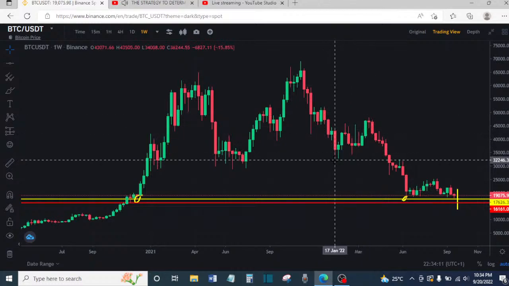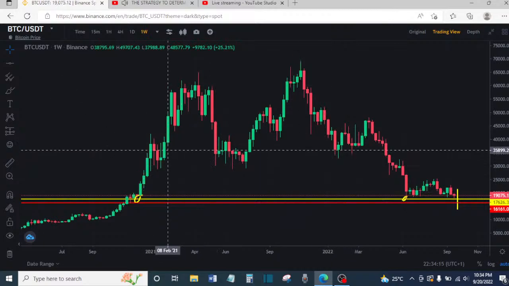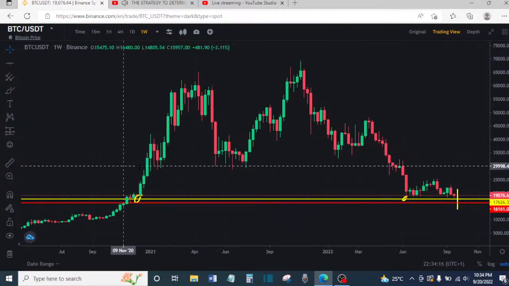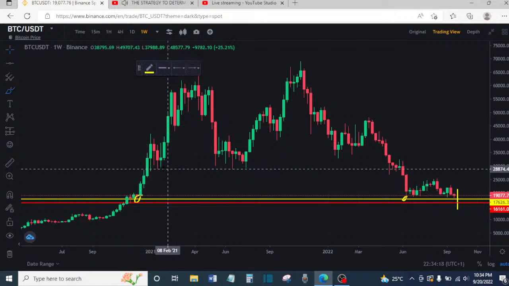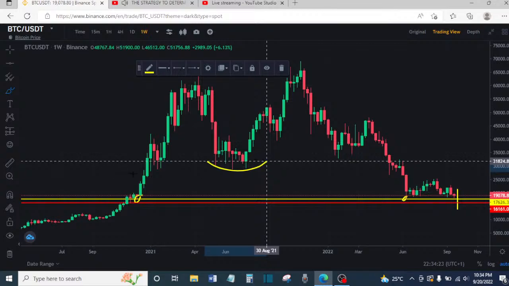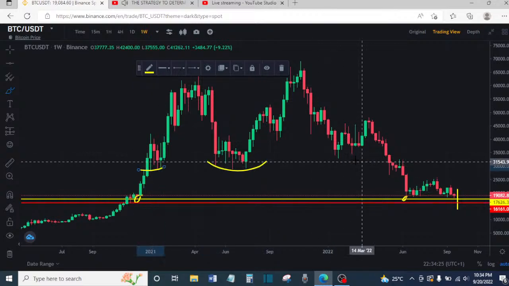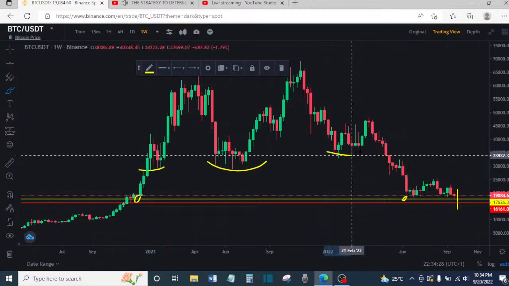price moving up. And when they have taken out all these areas, so they needed to take it out clearly.